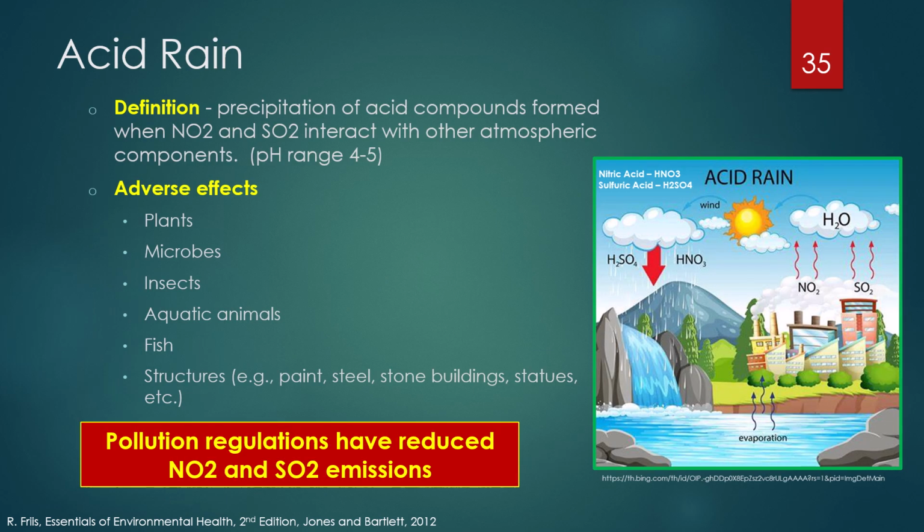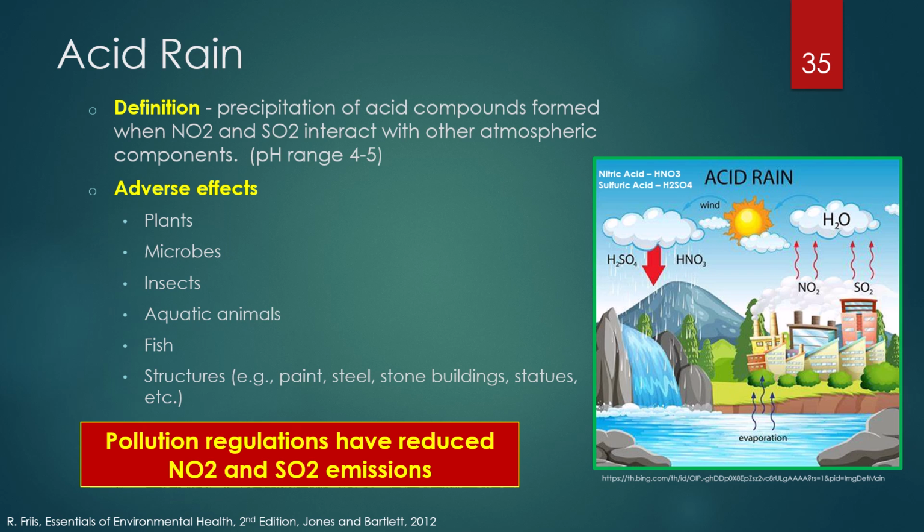Acid rain is defined as precipitation of acid compounds formed when NO2 and SO2 interact with other atmospheric components, including water, oxygen, and oxidants. NO2 reacts with water to form nitrous and nitric acids. SO2 reacts with water and oxygen to form sulfuric acid.